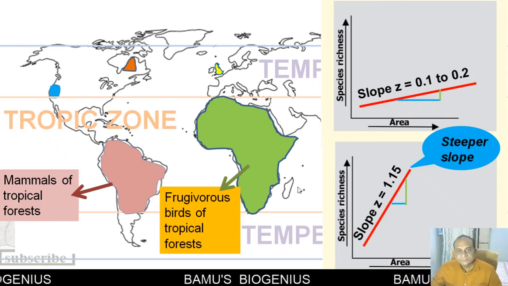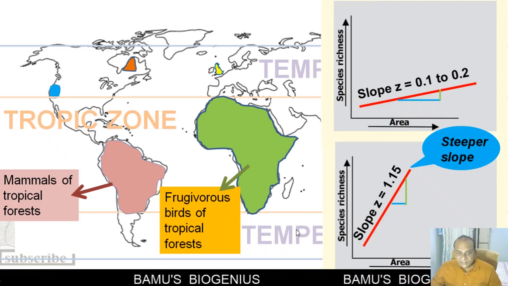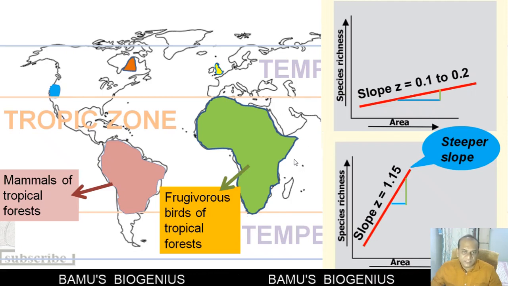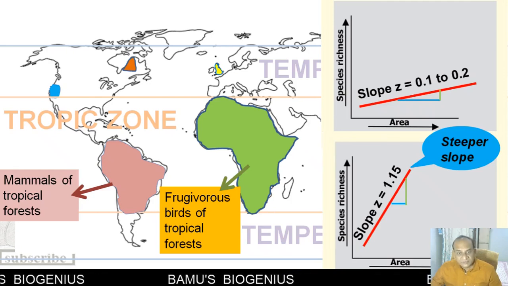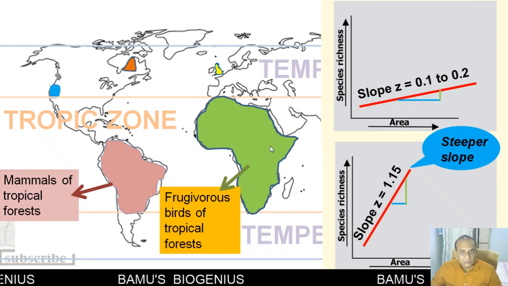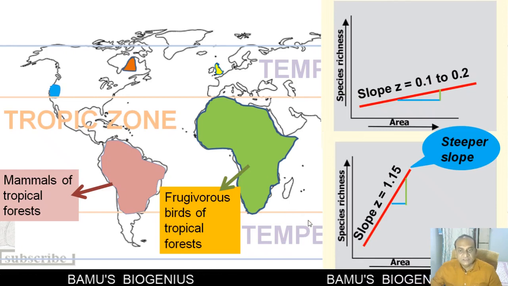So there are more niches and more habitats in a particular area, and different habitats have different types of species populations.